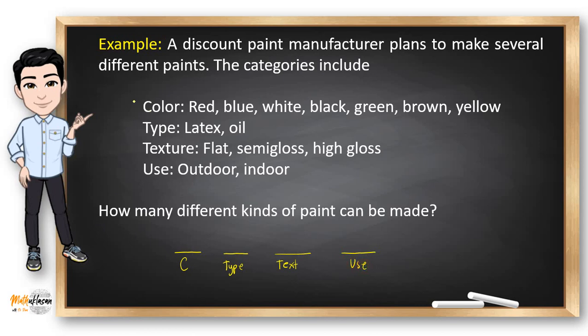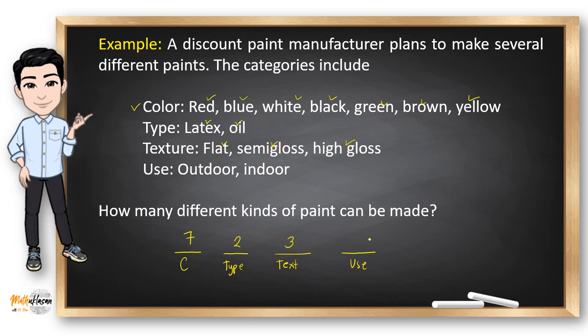So how many choices do we have for the color? We have 1, 2, 3, 4, 5, 6, and 7. So this is 7. And then for the type, we only have two: latex and oil. Then we have the texture. We have flat, semi-gloss, and high gloss, so that's 3.